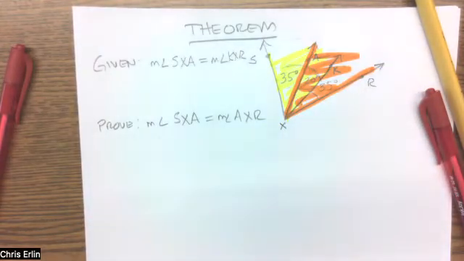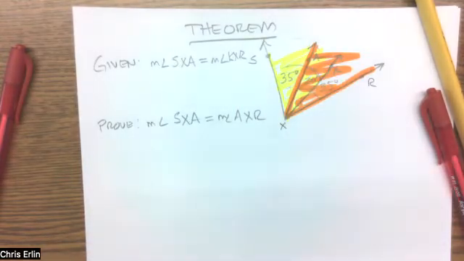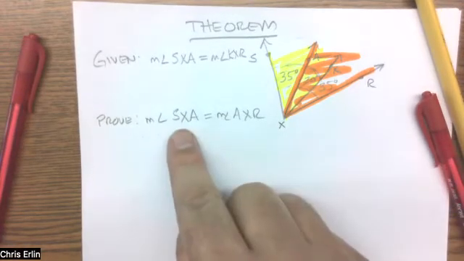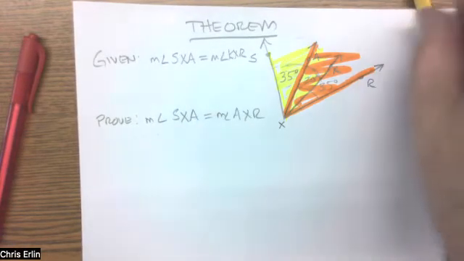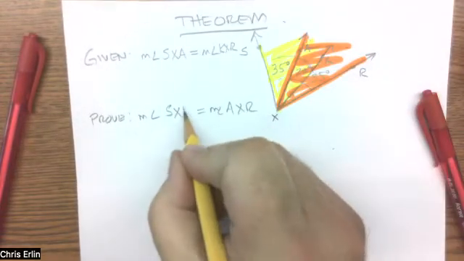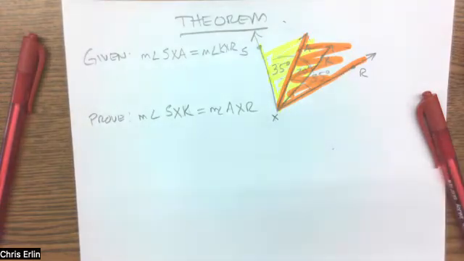Do you see how they're overlapping? Yeah, they're overlapping by AXK. That part is like shared for both of them, isn't it? You're right, SXK. SXK and AXR. That's right.